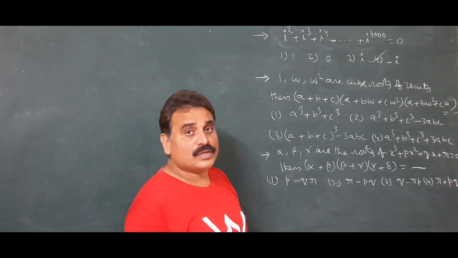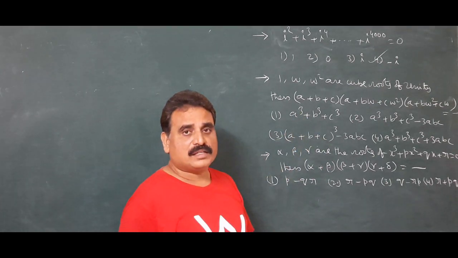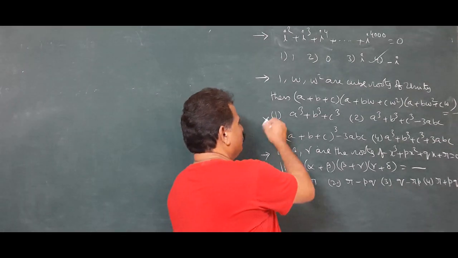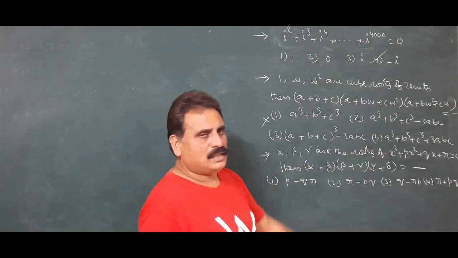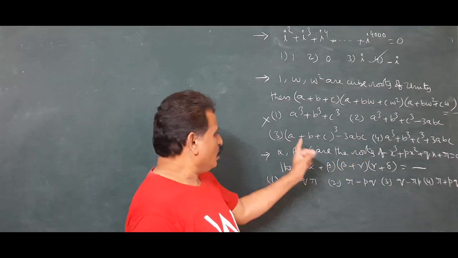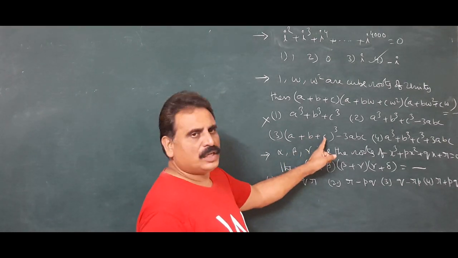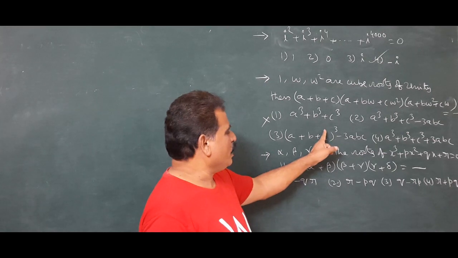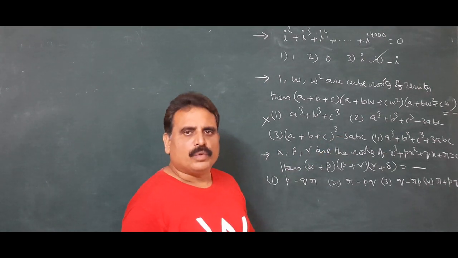Which option gives 0 for the values a equal to b equal to c equal to 1? By mental calculation, we can easily identify that. First one, 3. But our answer is 0. Wrong. Second one, 3 minus 3, 0. That may be correct. Third one, 1 plus 1, 3, cube, 27 minus 3, not equal to 0.